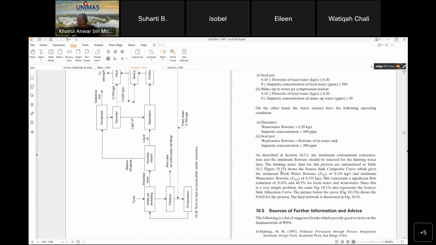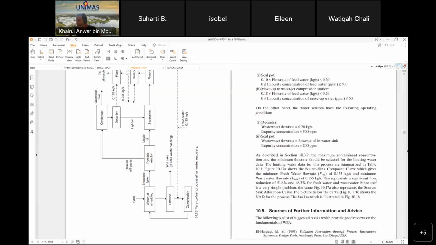Figure 10.7a shows the sourcing composite curve, which gives the minimum freshwater flow rate of 0.135 kilogram per second and minimum wastewater flow rate of 0.155 kilograms per second.